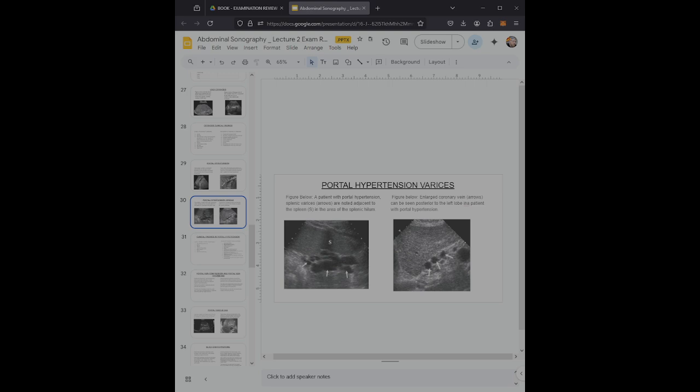A common minimally invasive interventional treatment for portal hypertension is by means of a transjugular intrahepatic portosystemic shunt.